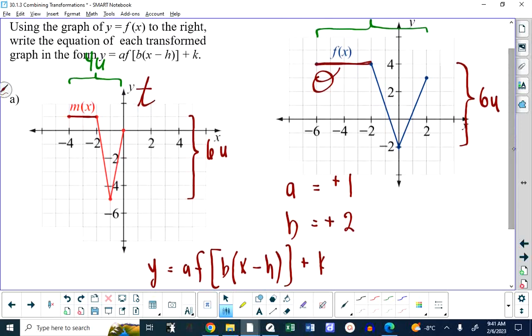This becomes a difficult thing for you to explain on a written response. So on a written response, you would put more than what I'm about to say. What you do is you pick a point on the original function, and you perform the stretches and reflections associated with A and B. I'm just picking that point.